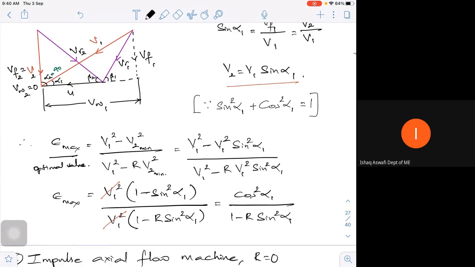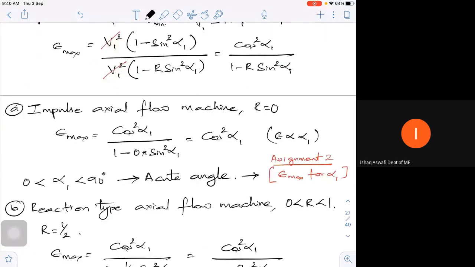Fine. Now, let us take what will happen for an impulse machine. Even an axial flow machine can be an impulse case. In that case, R is equal to 0. So if I call this expression equation number 1, I'm going to substitute the value R is equal to 0.